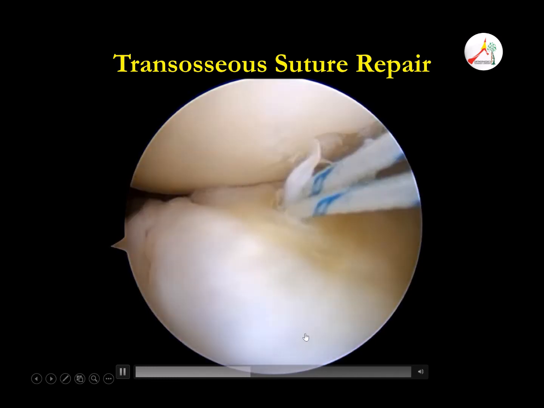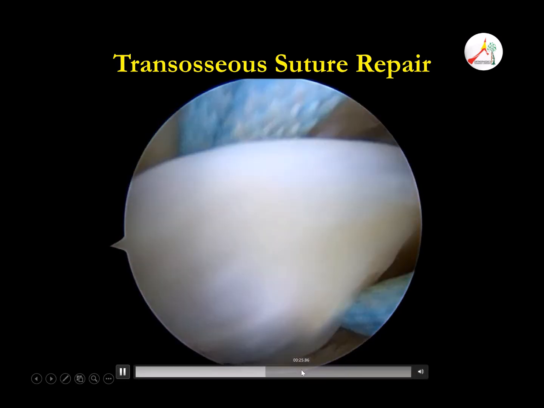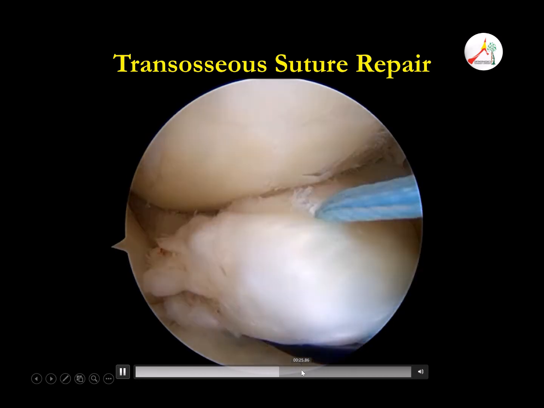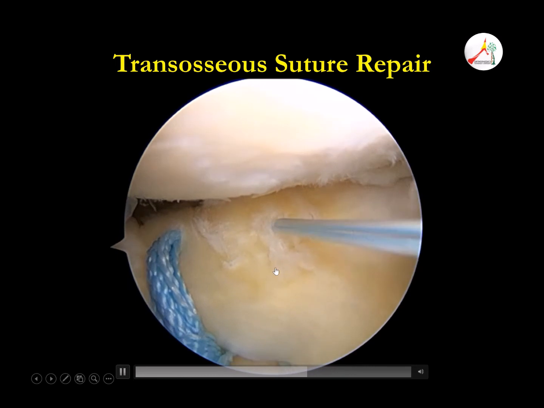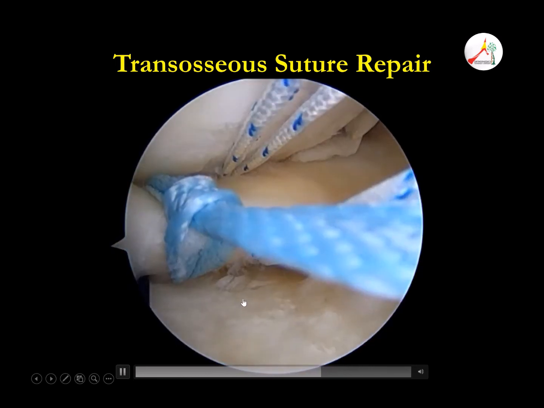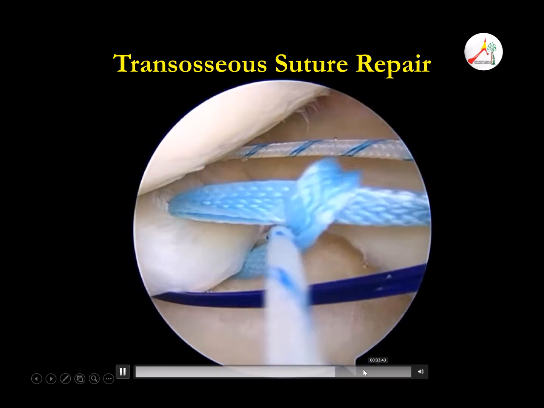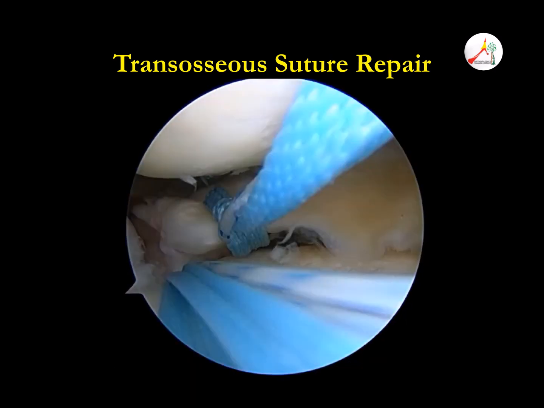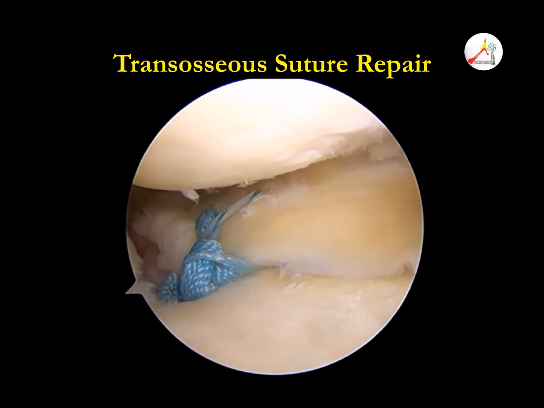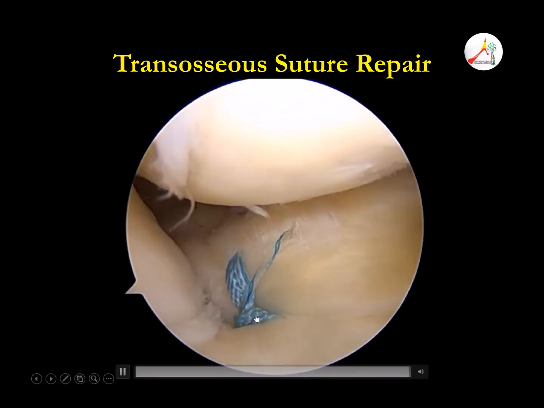The way we do that, we do a Mason Allen. First we make a stitch on the root, like a cinch, and then we pass in a suture of different colors, pass this into the tunnel and suture to the post. This is the way we do the meniscus root repair.